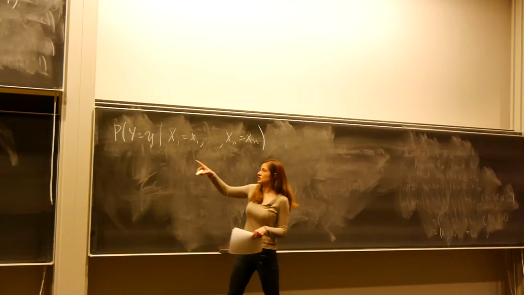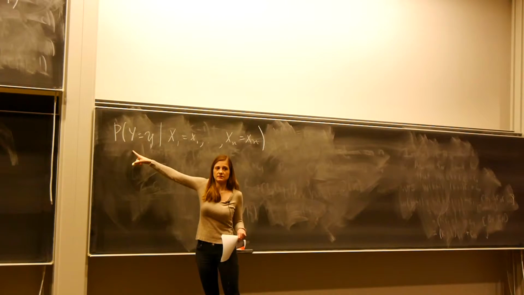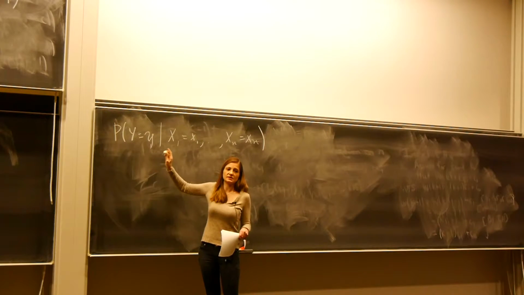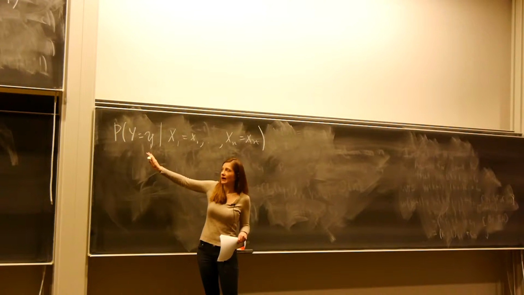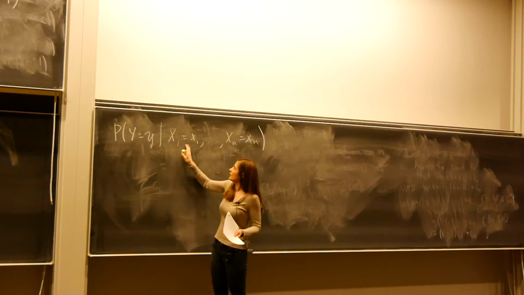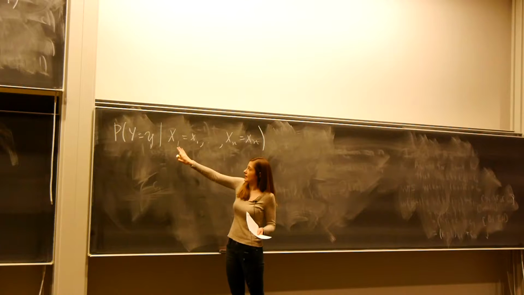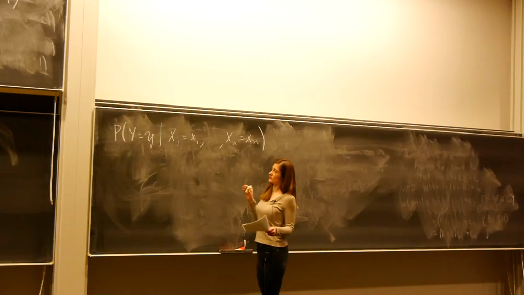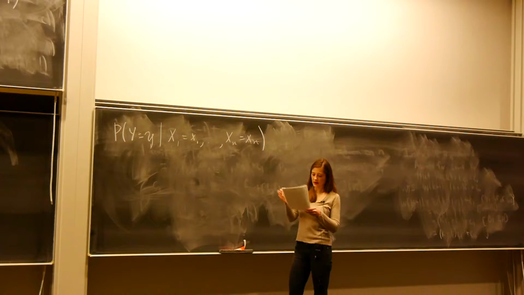Here in this notation, I'm using capital Y to denote our random variable y and lowercase y to denote a specific value assigned to y, right? So if we assume that our label is binary, then little y can be either 0 or 1. And here, again, I'm using the same notation. Okay, so how do we calculate this?